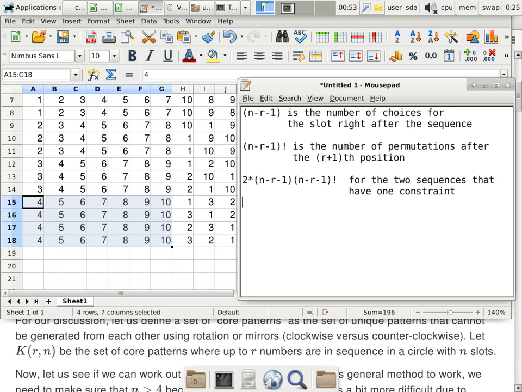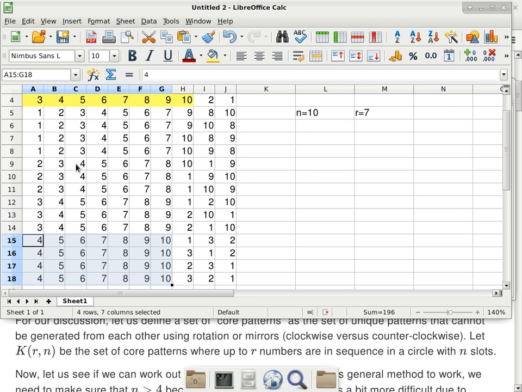What about the stuff in between? That's actually a little bit harder, okay? So the first question is how many subsequences do we have in between? We have 2 to 8 as one, we have 3 to 9 as the other one.